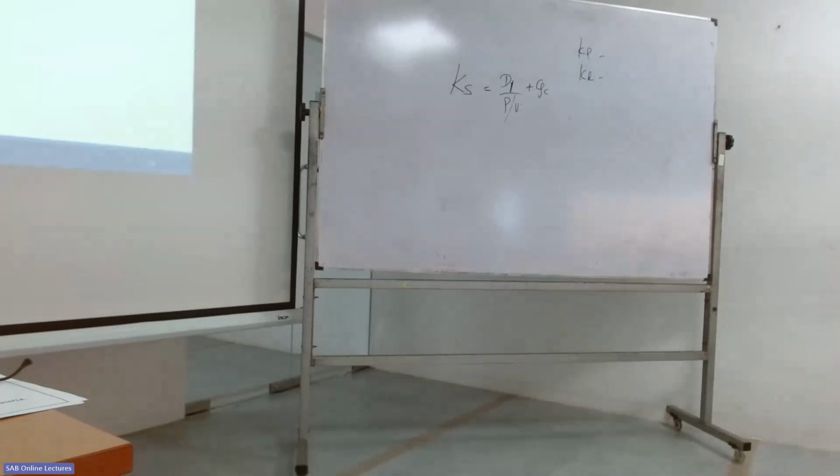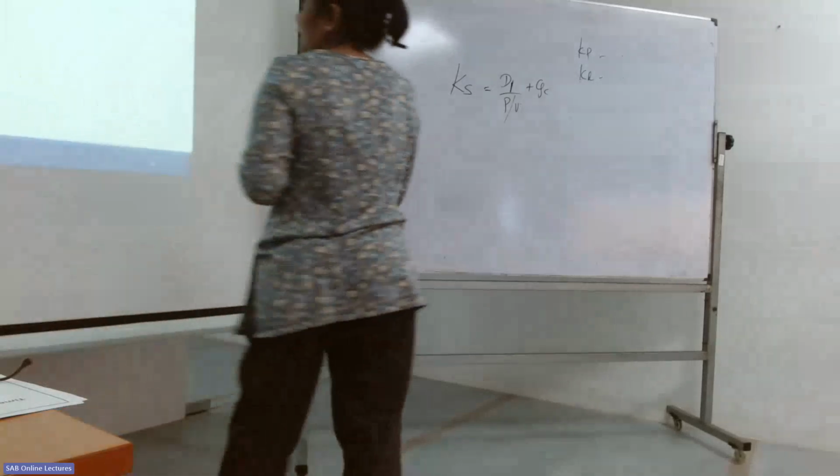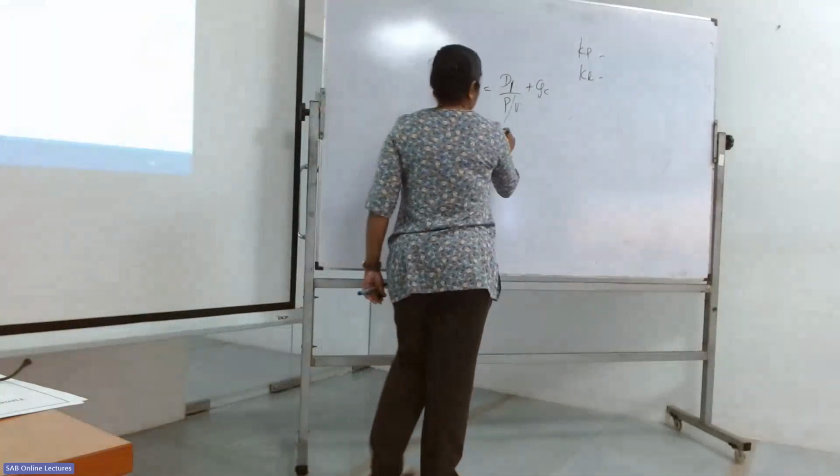Now is it D0 or D1? D1. This is D1. No need to estimate the D1. So you can take this as the D1, 350.